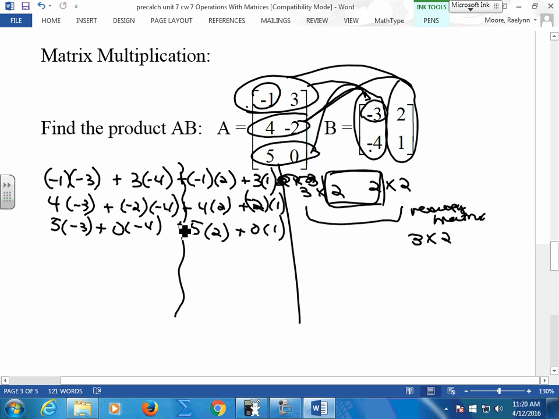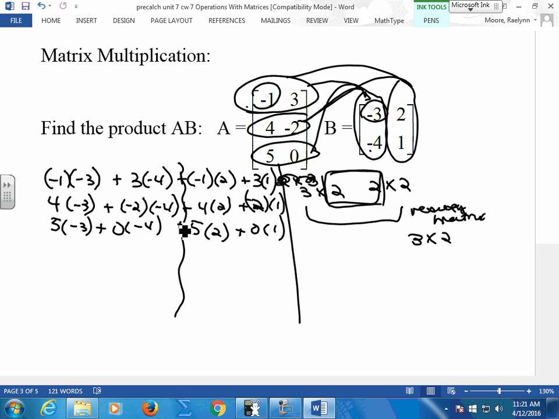Notice, look at this pattern. -3, -4, 2, 1 come from the second matrix, and each repeats. See the pattern? Now, watch the other row. -1, 4, 5, and 3, -2, 0, and then it's going to repeat itself.